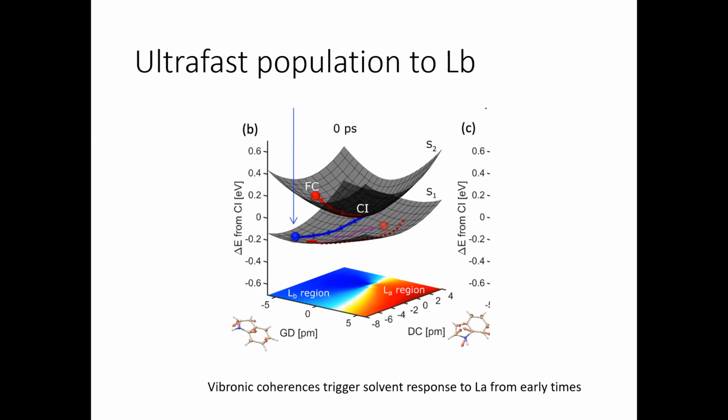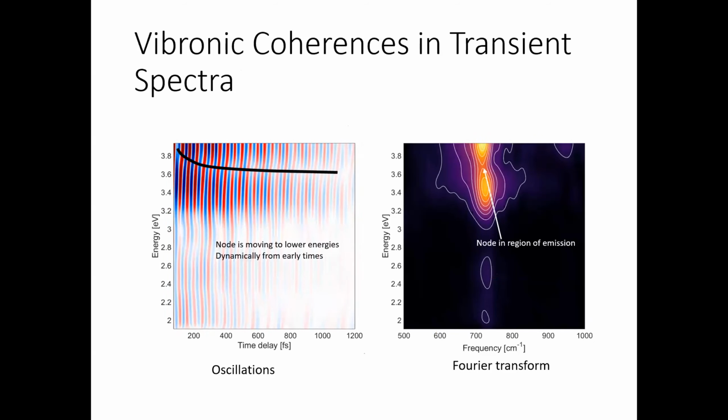And so the vibronic coherences trigger the solvent response from the LA to the LB times. So of course, are there fingerprints of these coherences in the experimental spectra? Yes, there are. If you remove the spectral dynamics, you have this very nice oscillation map. And if you track the point where the phase jump happens, you see that the phase jump is really shifting in time.